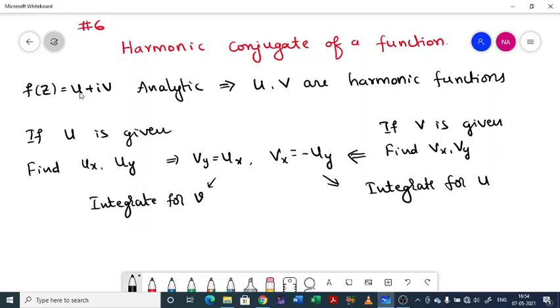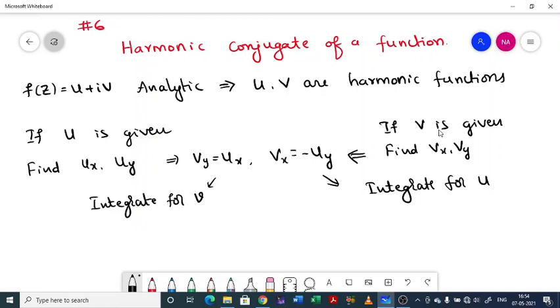That is different. So here u will be given, we need to find v, and if v is given, we need to find u. Suppose the real part is given, then you have to find its partial derivatives ux, uy, then use CR equations to convert these partial derivatives of u into partial derivatives of v, then integrate with respect to the corresponding variable x and y, then choose constants correspondingly, then we will get v.